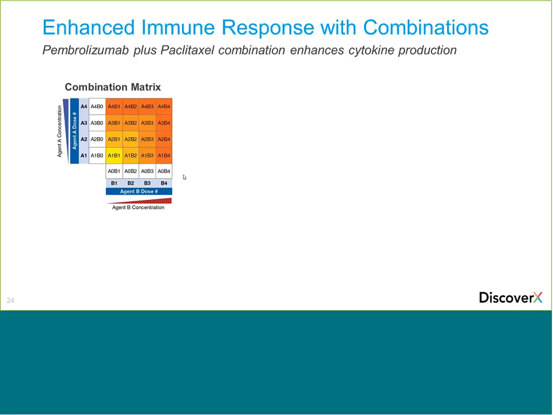And the value of this assay is really twofold. One of them is that it gives you a clearer in vitro answer on whether the combination that you intend to put into a patient will be safe and efficacious compared to any of those monotherapies. And the second is it allows you to address what is the sweet spot for your combination before putting it into the patient.